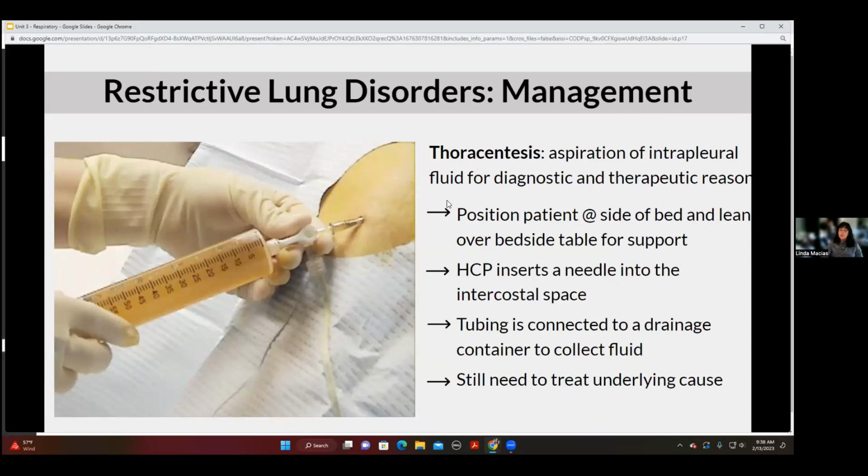Restrictive lung disorders: for the thoracentesis is when you go in and aspirate. They do a lot of thoracentesis right at the bedside. And that's something that you can assist with, meaning they're going in and that fluid looks kind of yellowish that they're pulling off the lung.